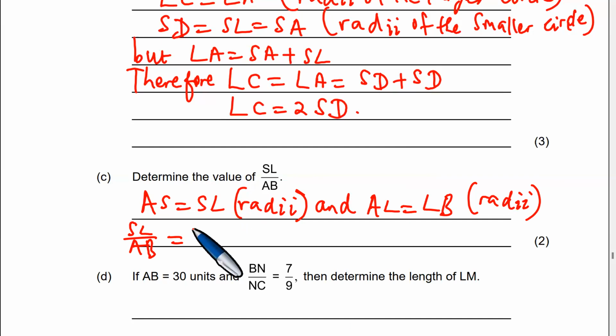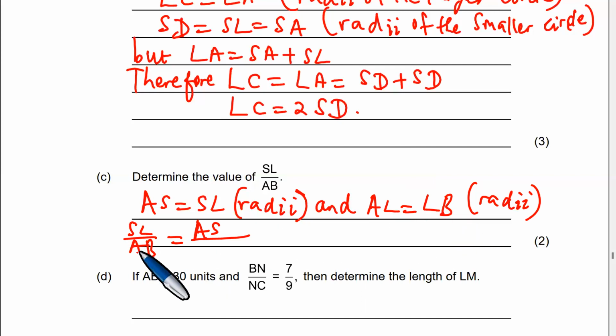Right. So in other words, this one you can write as the AS over. What is AB? AL plus LB is equal to AB.